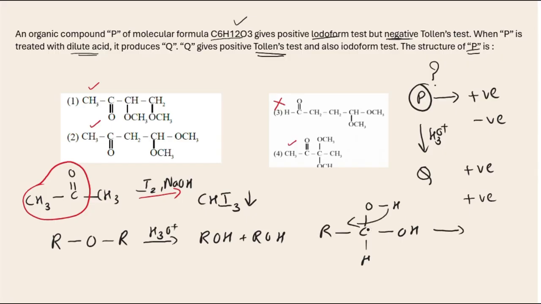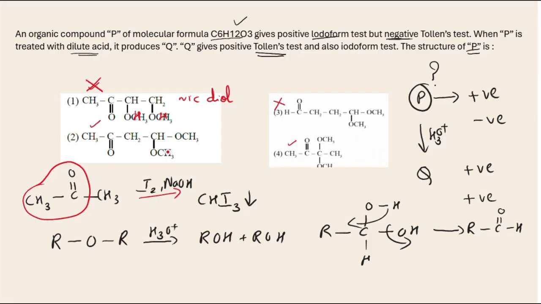It will undergo dehydration to form the aldehyde. So you look for a molecule where the carbon is attached to 2 ethers because it's undergoing hydrolysis followed by dehydration. Look at this. This upon hydrolysis, you are going to get OH here, which is a vicinal diol, right? So not possible. You can eliminate option 1.